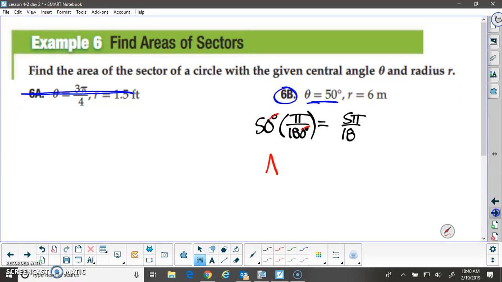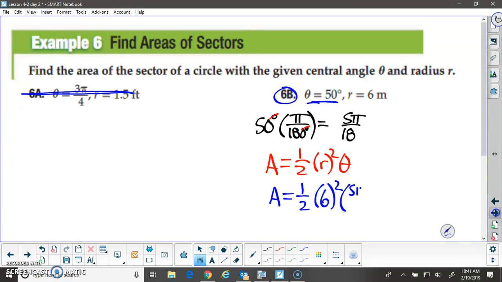So now using the formula, take 1/2 times your radius squared times theta. My radius is 6. My angle is 5/18 pi.